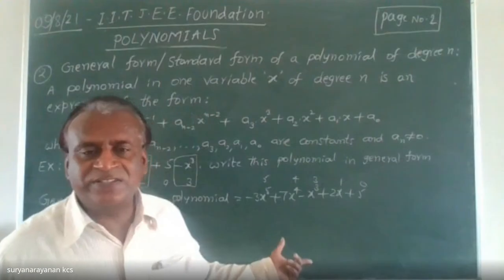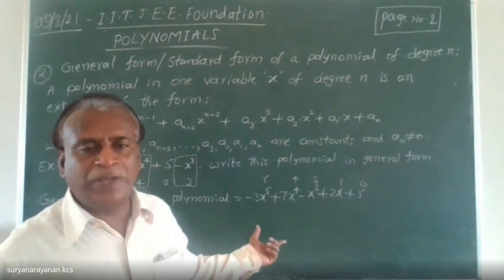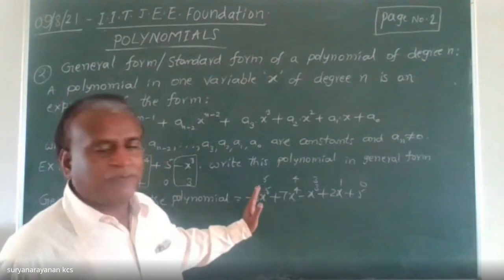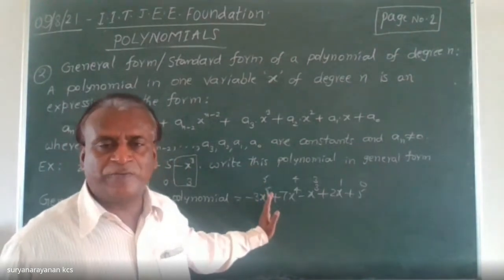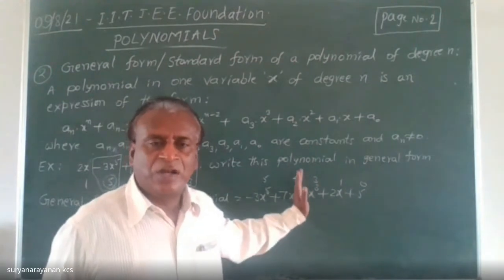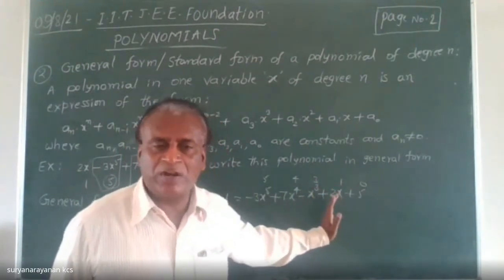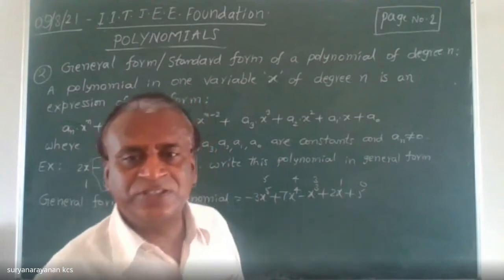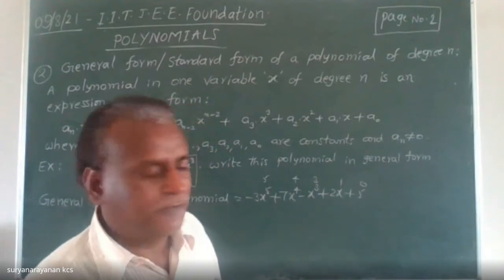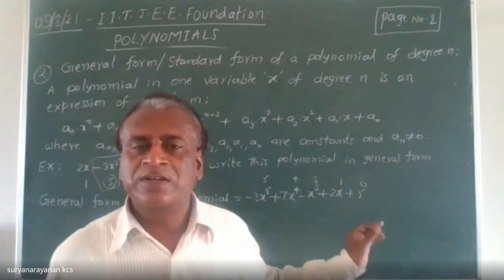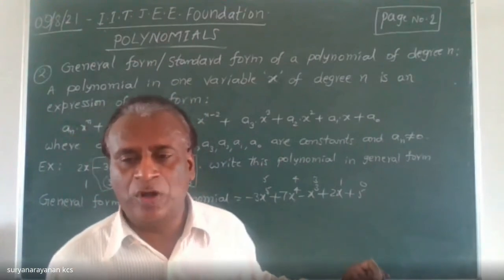How did you arrange these terms in the polynomial? Descending powers of x. First we have taken the highest power of x. After that, the next highest power of x term. Next, after that, the next highest power of x. In this way, we have to arrange the terms of the polynomial. Then we get the standard form or general form of a polynomial.